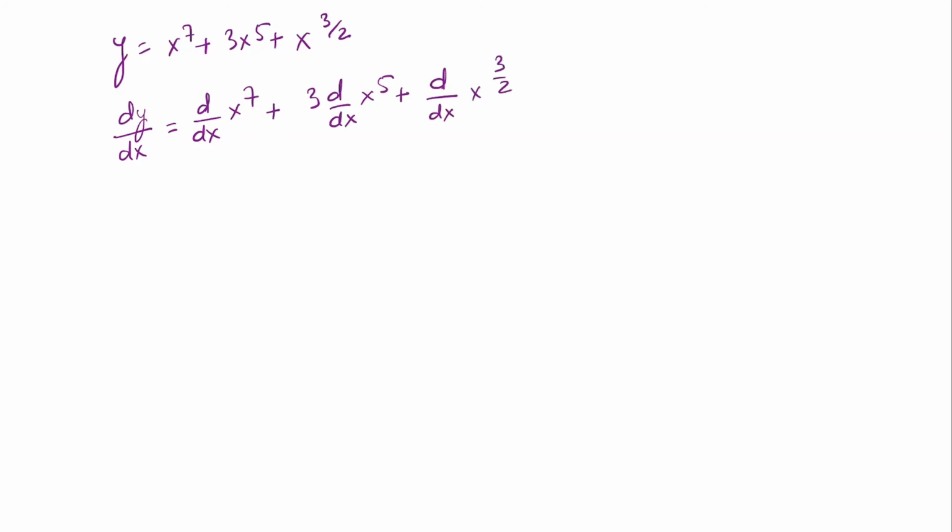So what did I just do here? Let's break it down. The first expression is x to the power 7, right? The second expression is 3x to the power 5, and 3 is a constant, so I brought it in the front. I'm only going to deal with x to the power 5. Then I have x to the power 3 over 2, which is over here. One more thing to notice is that I added d over dx to each expression. So it's kind of like distributive.